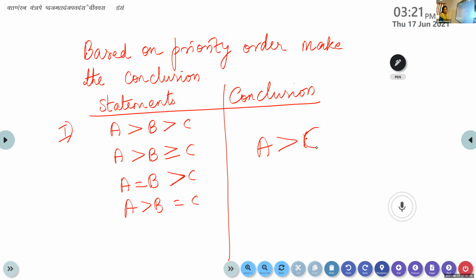A is greater than C. Look at the third case. A and B are equal, but B is greater than C. So from here, what is the conclusion we can give? A is greater than C. Is it okay, Aishwarya? Yes, ma'am. Aparna, are you able to understand this one? Okay. So in all these 4 cases, we are getting A is greater than C.